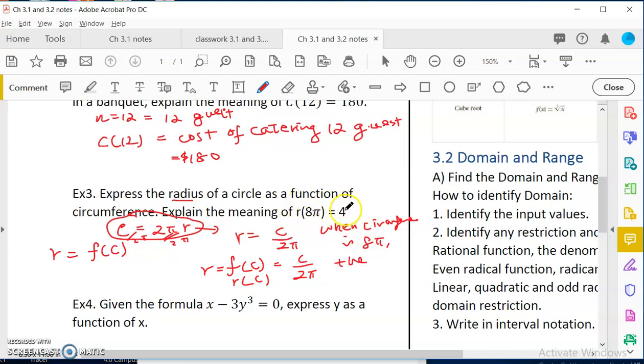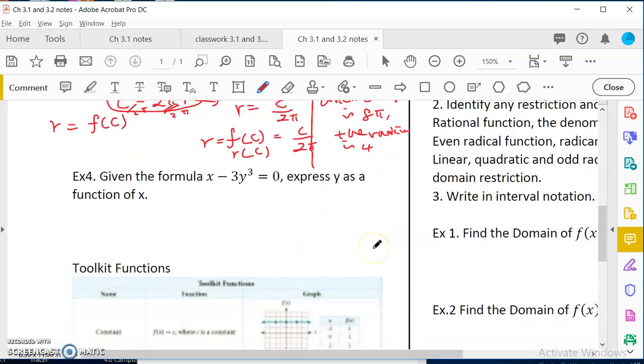The function itself gives you the radius, which is 4. Usually we would have a radius and find circumference, but this is reverse. You have a circumference, and by plugging in 8π over 2π, it becomes 4. So the radius is 4.